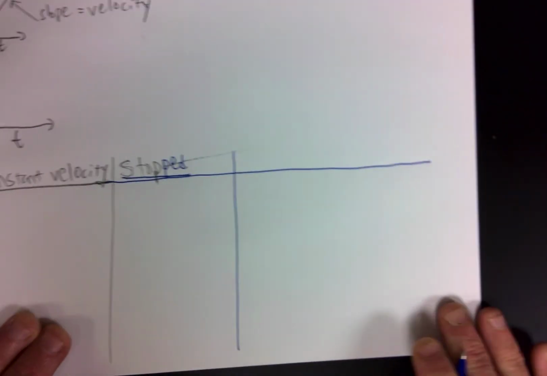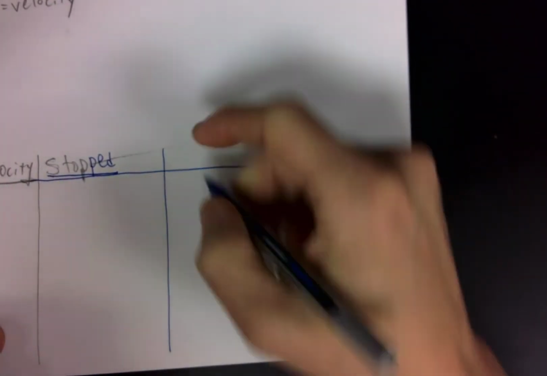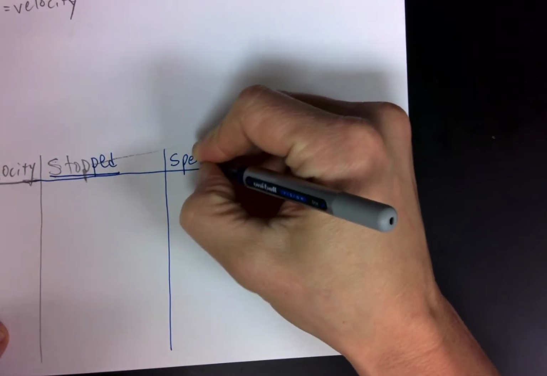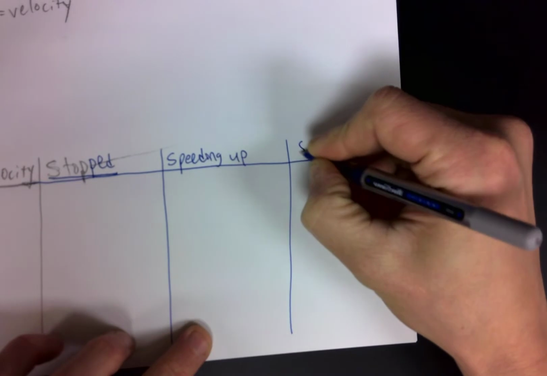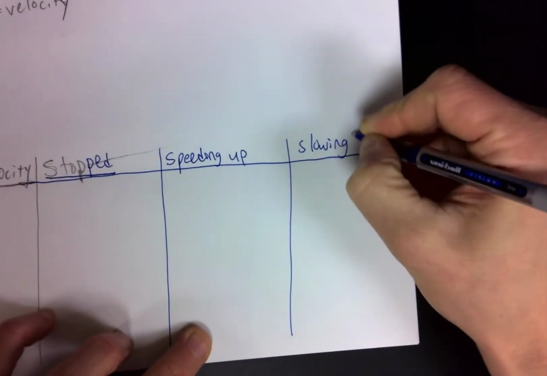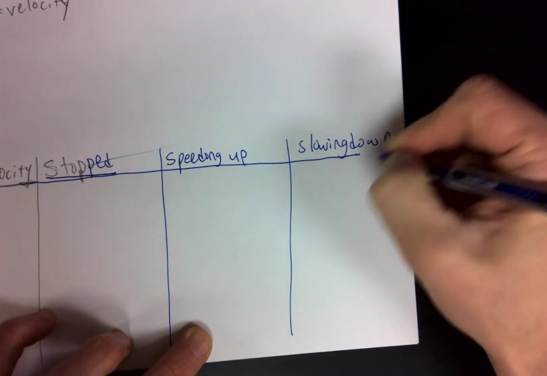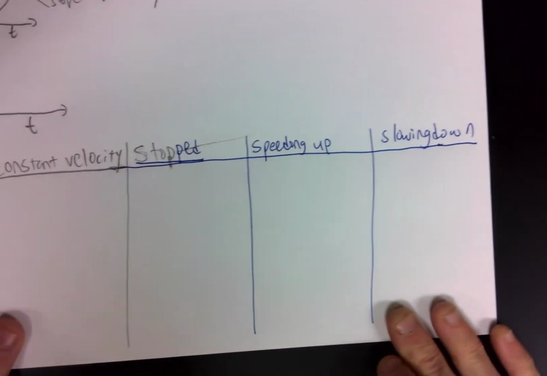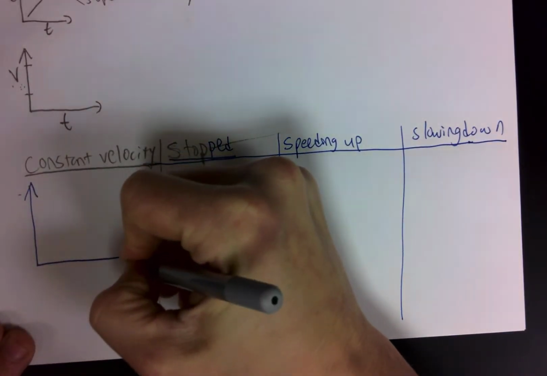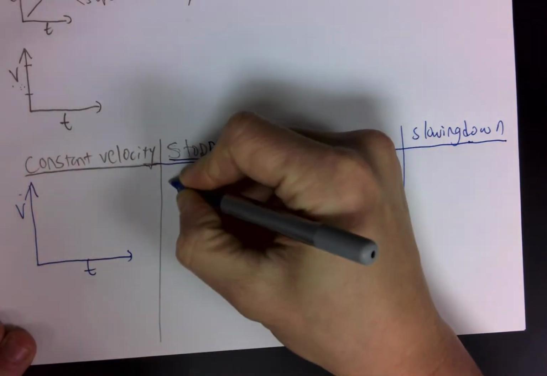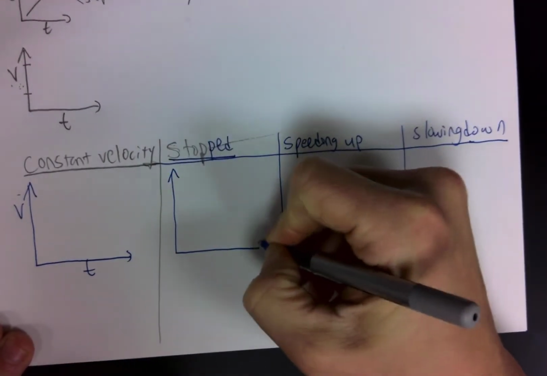You can make a little chart like this. And the next 2 you can anticipate are going to be speeding up and slowing down. So you could create some blank spots where you draw axes with V and T under each title.